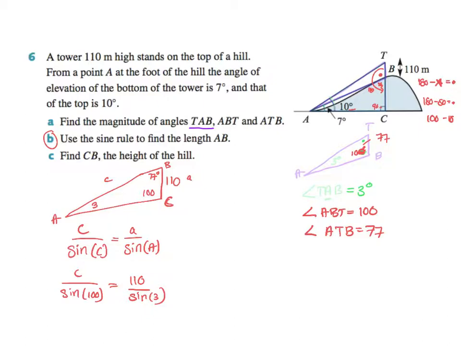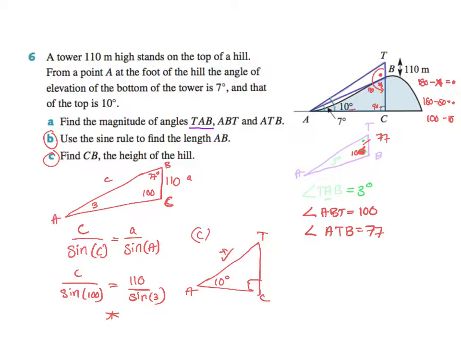So you could probably just use what you've just found. You found A, so you can use this big triangle in here. To find C, use the big triangle with the T, the C, and the A, and you know that's 10 degrees. And you've just found this from the answer here. So put that in there, and then you could use SOHCAHTOA.